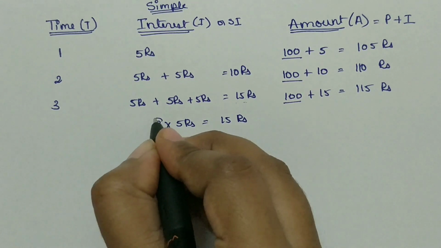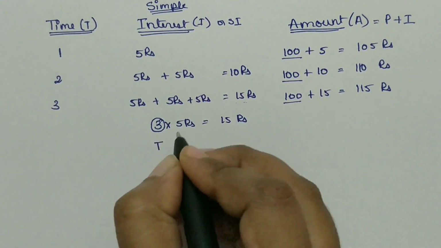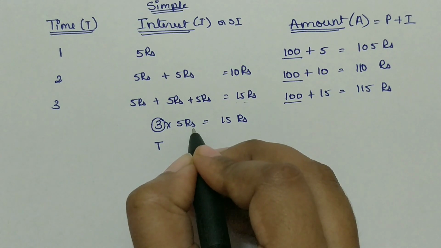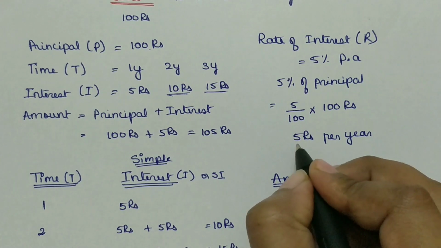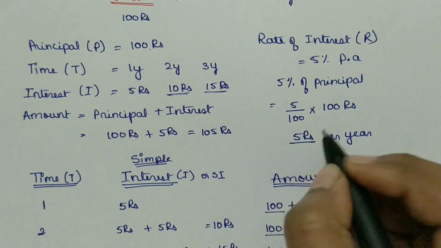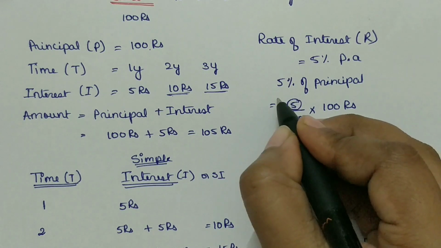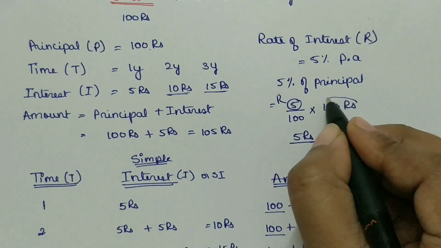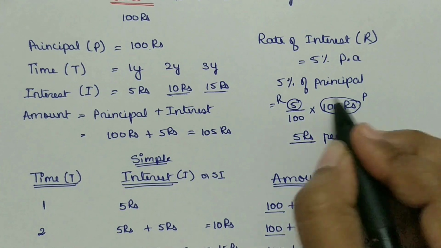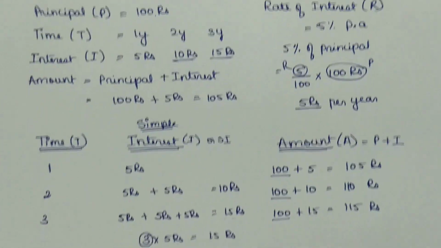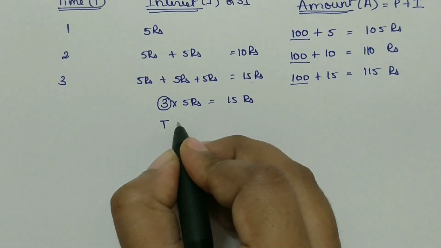Here 3 indicates time T. And we got 5 rupees from the rate of interest. 5 rupees is equal to 5% of principal, so 5 is R and 100 rupees is P. So 5 rupees equals PR by 100.